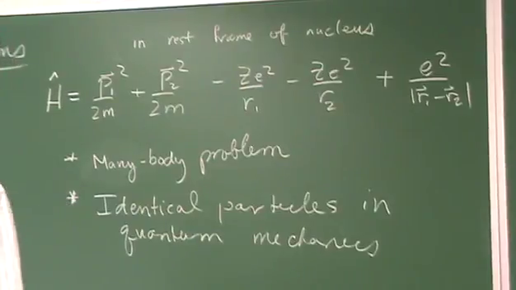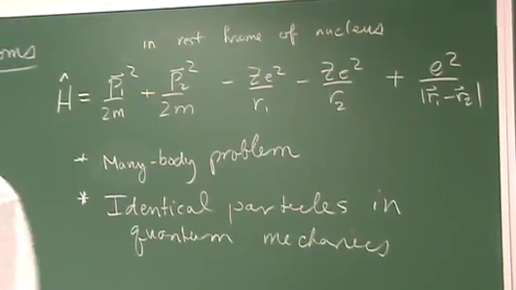So the three-body problem, of course, we know is not even solvable classically. We cannot solve for the exact dynamics of three bodies interacting, say, through a gravitational potential. It's not an integrable problem. Generally, there's chaos associated with those classical dynamics. So it's no surprise that there's not an exact quantum solution to this either.